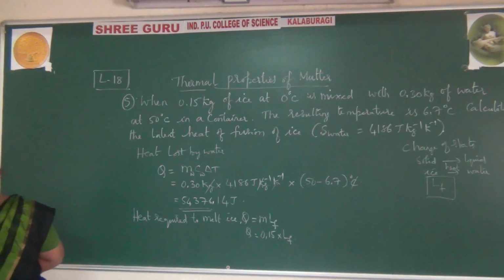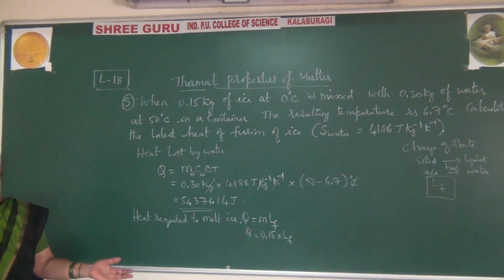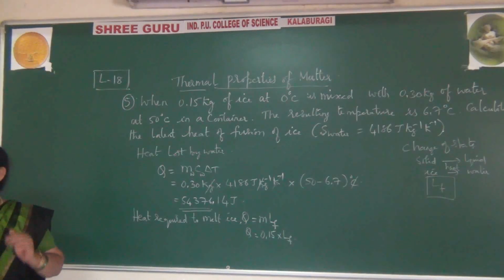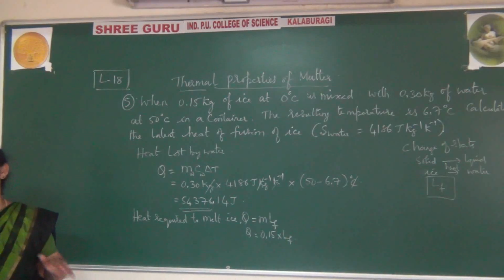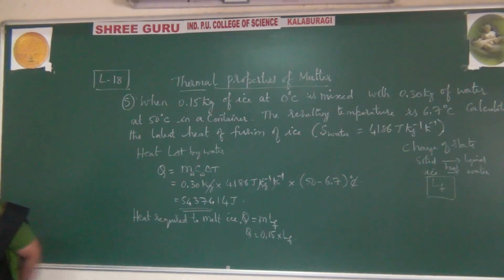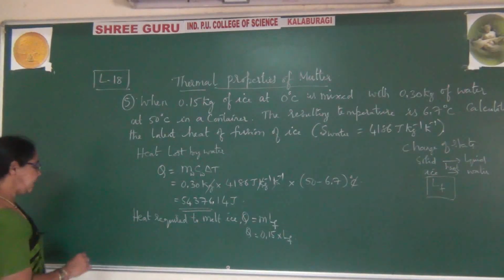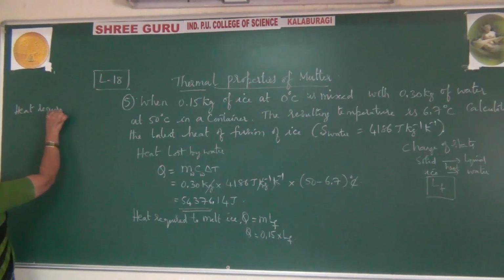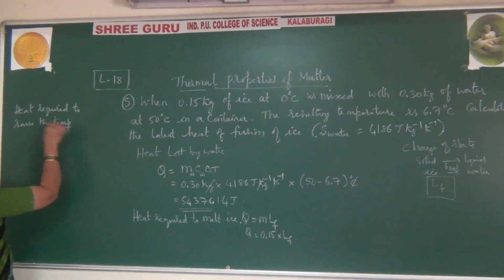Now what do we have to do here? Once it starts melting, there is some heat required to raise the temperature from ice to water. So that we have to calculate. Heat required to raise the temperature of the ice water.